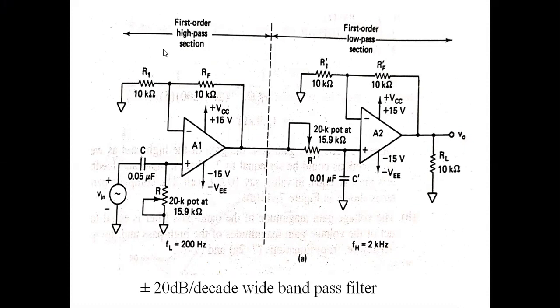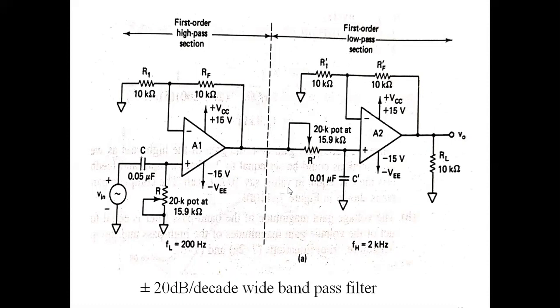This is nothing but the first order high pass filter, with R1, RF, C and R. The input voltage is given to the first order high pass section, and this section is cascaded with the first order low pass filter in order to get the first order wideband pass filter.